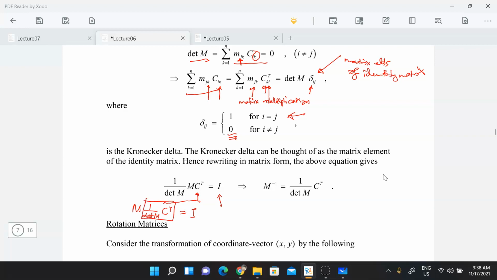Since it gives you identity, this has to be m inverse. So in other words, that tells us m inverse is simply 1 over determinant m times C transpose.